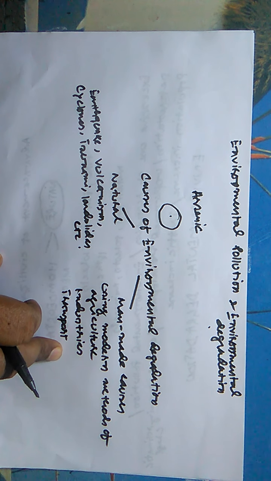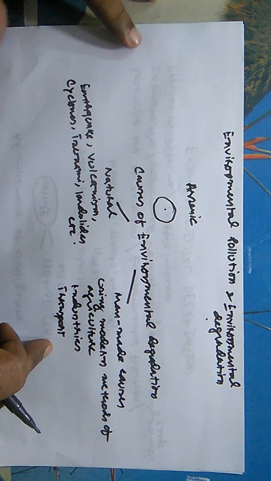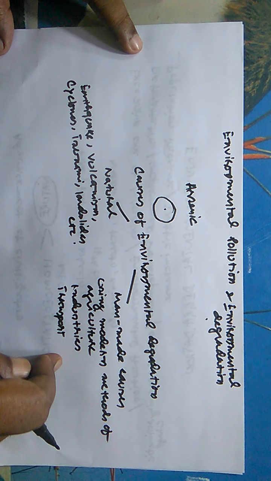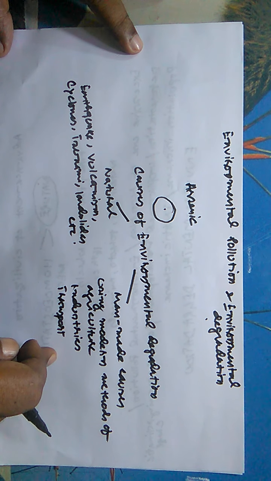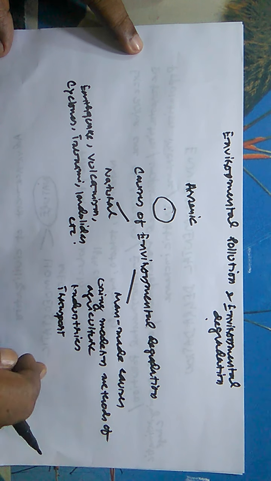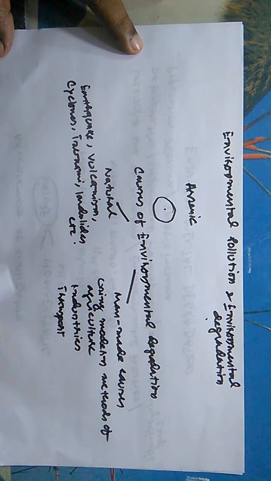You would find it has resulted as a result of the development. Human beings have dammed the rivers, they have cut down the forest, and as a result of which the quality of the environment has degraded.